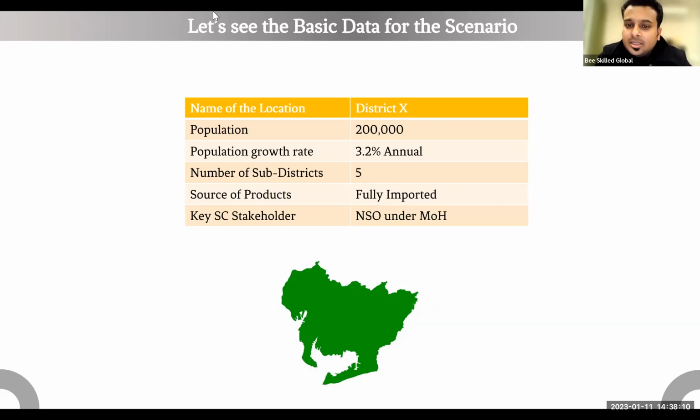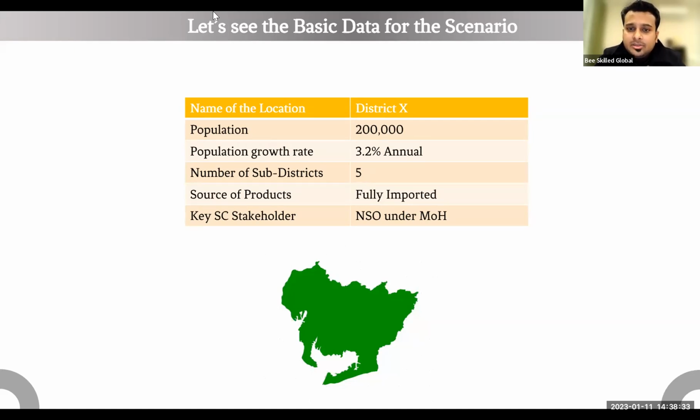And the fourth one is the same as the first one, but we will prepare the forecast using an Excel function called TREND. Now let's quickly go through the first case.